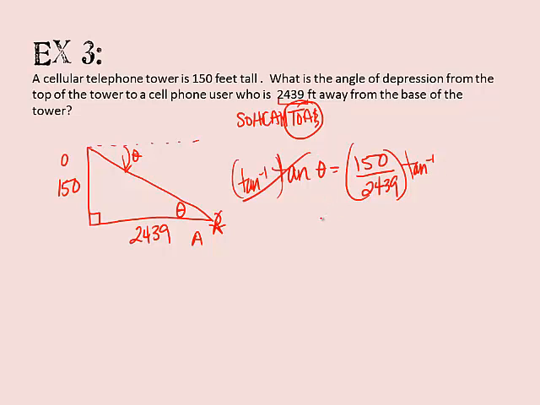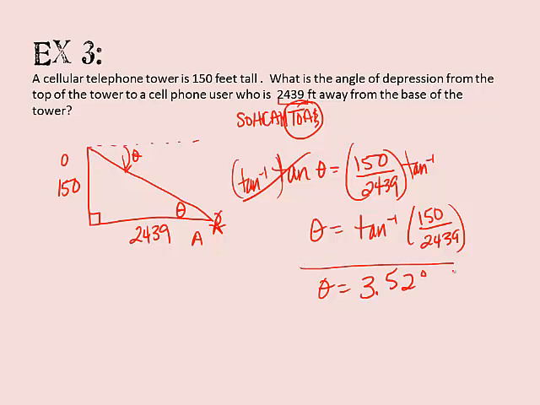That cancels on the left, so I'm left with theta is equal to the inverse tangent of 150 over 2439. So I type this in my calculator, and I get an angle of 3.52 degrees. It's a very small, baby little angle.